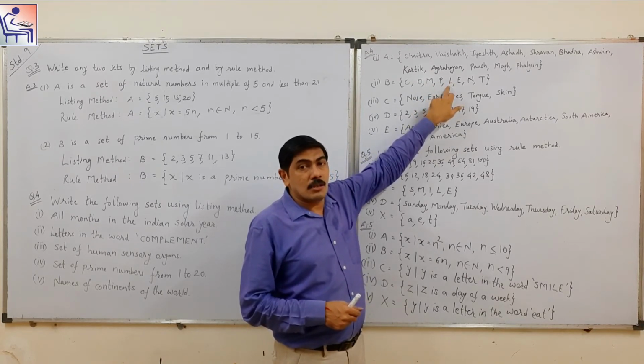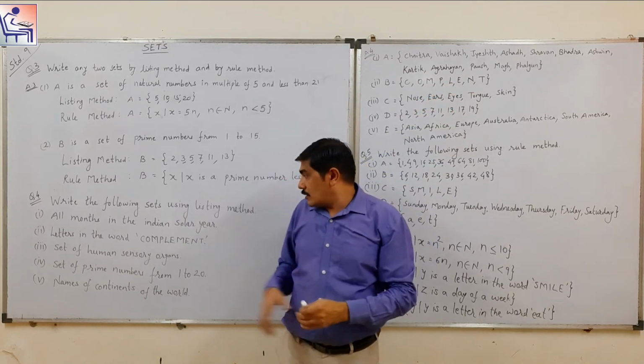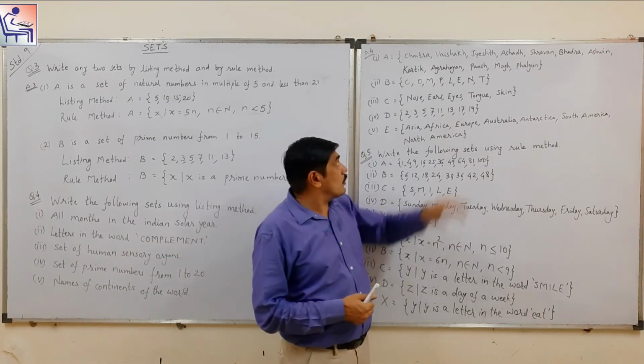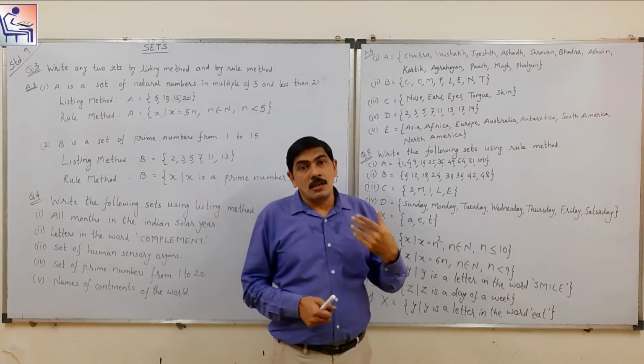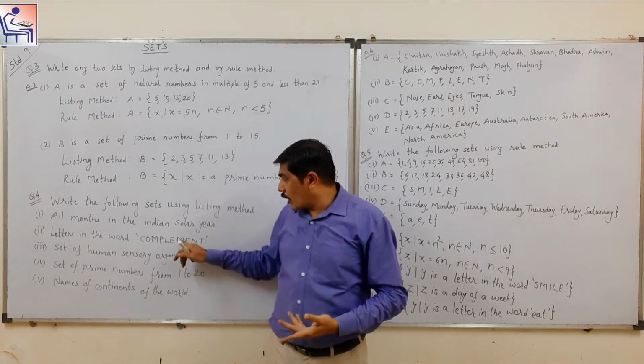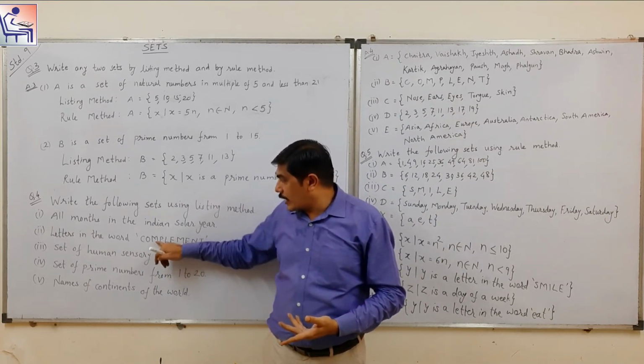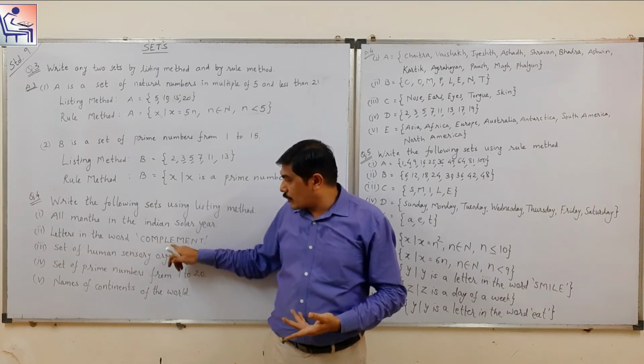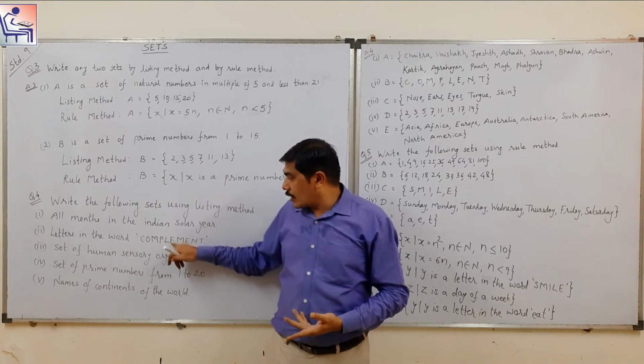C-O-M-P-L. Then please remember, E comes for the first time, so we will write it. Then M. Again there is an M, so I will not write M because it already came here. Again E, we are not going to write as it already occurred here.